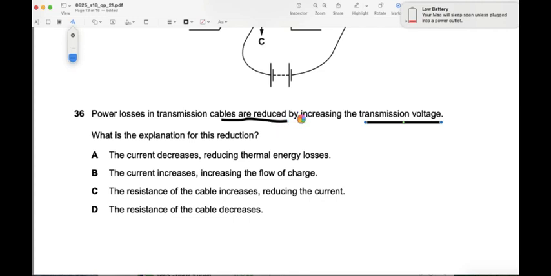Okay, so what is the explanation? We say the current decreases, reducing the thermal energy loss.